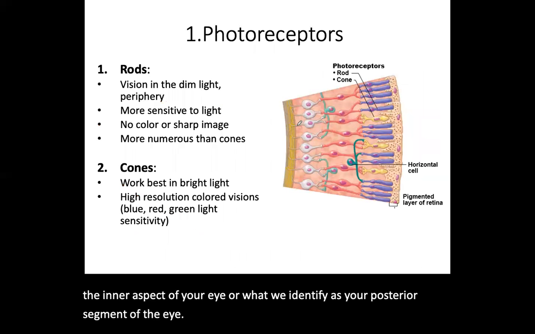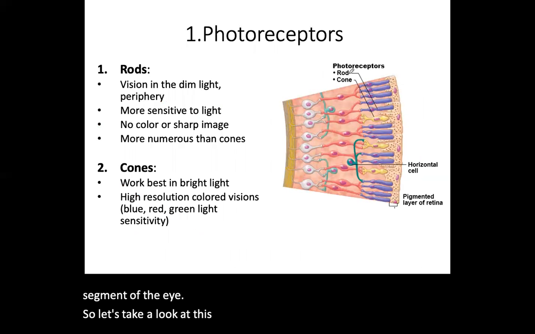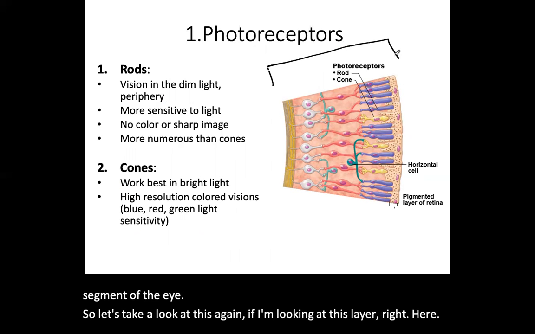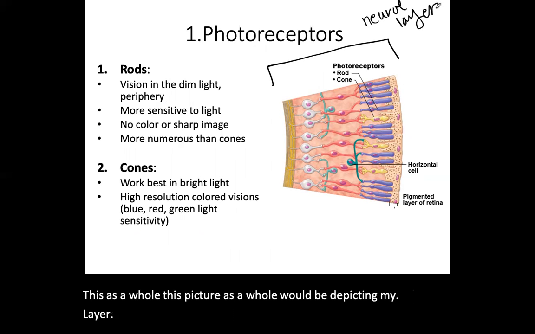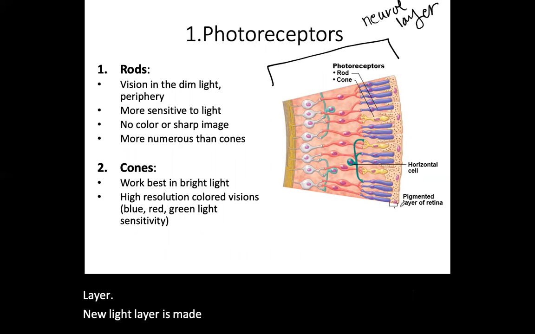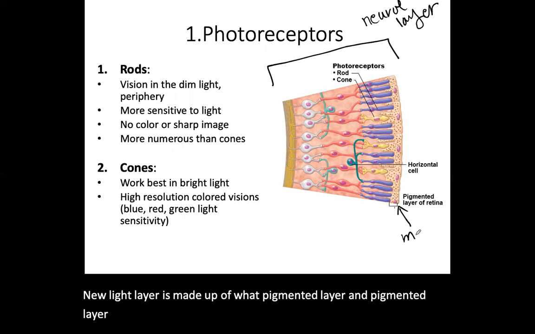So let's take a look at this again. If I'm looking at this layer right here, this picture as a whole would be depicting my retina. It is made up of what? The pigmented layer, and the pigmented layer has a lot of what?